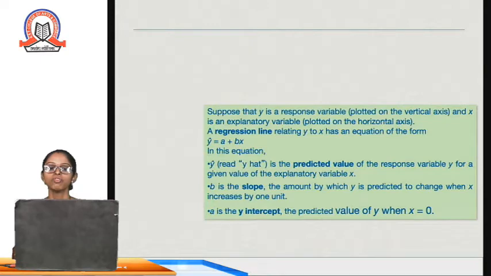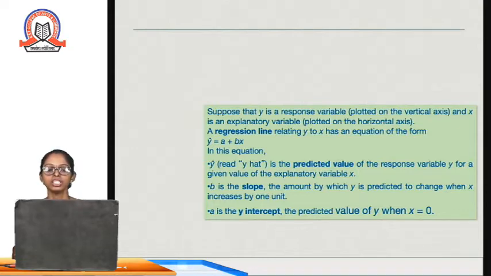Suppose that y is a response variable plotted on the vertical axis and x is an explanatory variable plotted on the horizontal axis. A regression line relating y to x has an equation of the form y = a + bx.